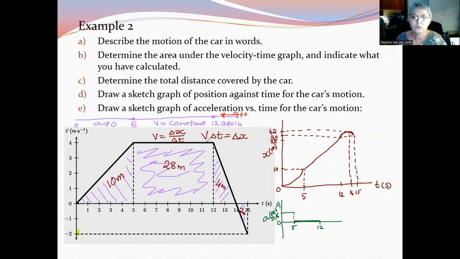The next, we can go from 12 to 15 seconds. The car has a negative acceleration. The gradient is negative here.